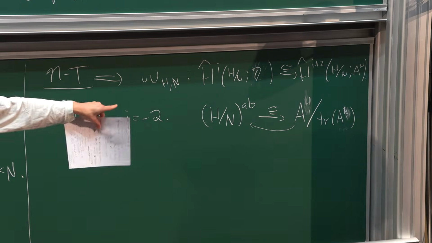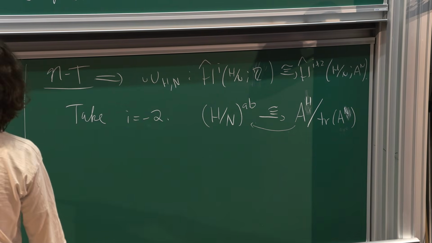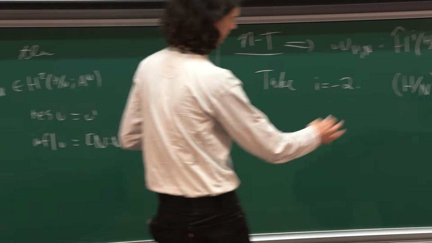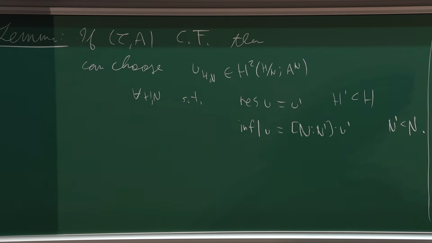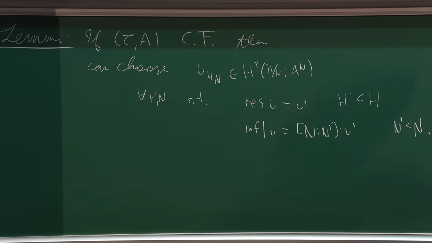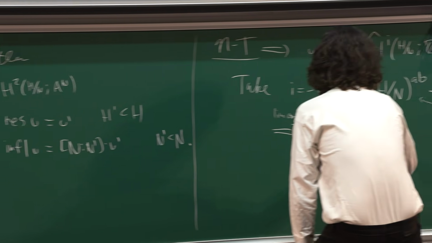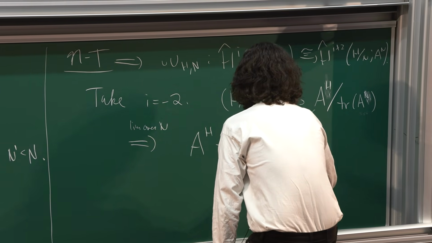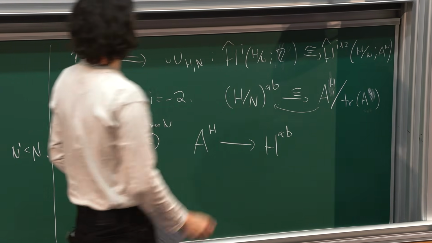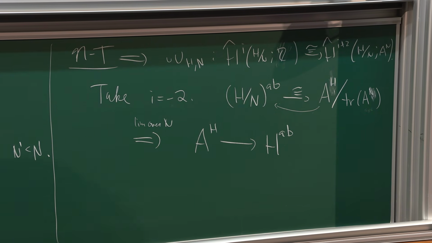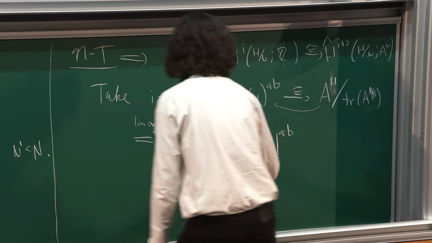But when you view them the other way around, the compatibility properties, compatibility under inflation, it turns out, implies that you can take the limit over N. And what you get is a map from A^H to the abelianization, in the profinite sense, of this profinite group H. And this is the so-called Artin map.